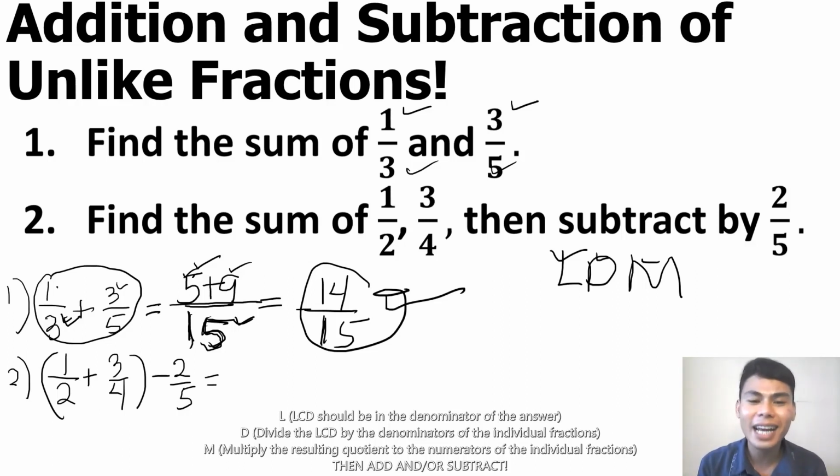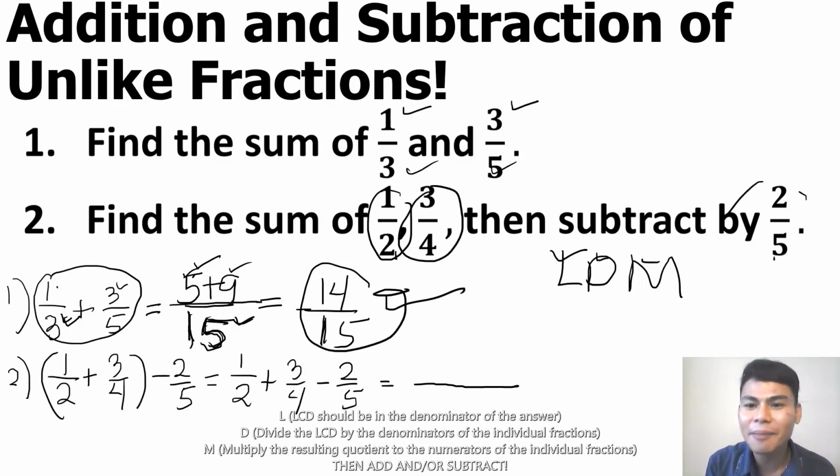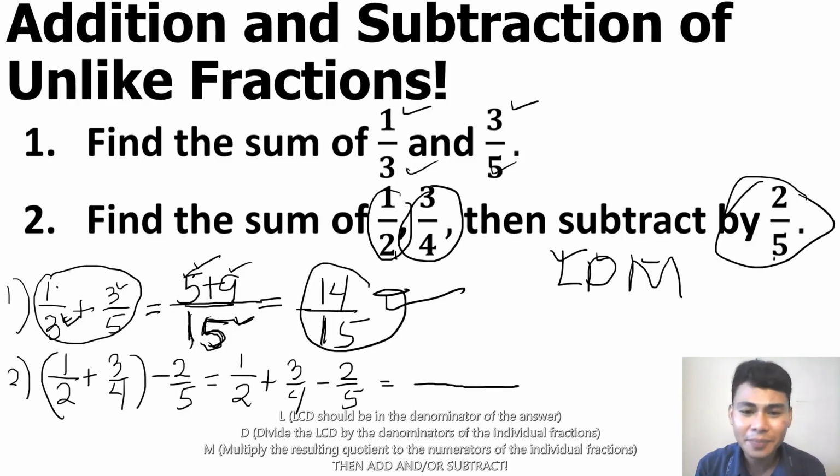So, pwede ding isulat ng ganito, guys. 1/2 plus 3/4 minus 2/5. Ganyan na lang guys. Para isa na lang ang pag-find nyo ng LCM ng denominator or the LCD. Okay, so again, we already found the LCD of 1/2, 3/4, and 2/5. Di ba kanina sa example natin, we have here 20. So do the same process.